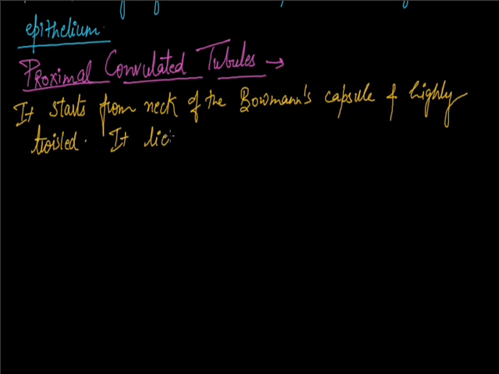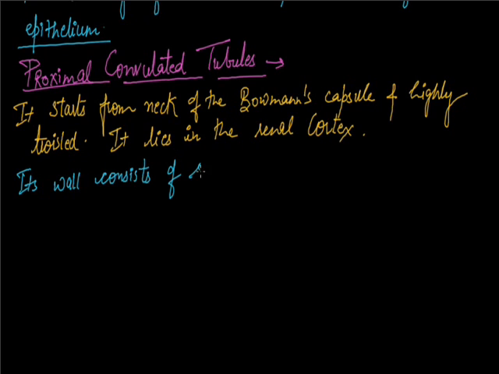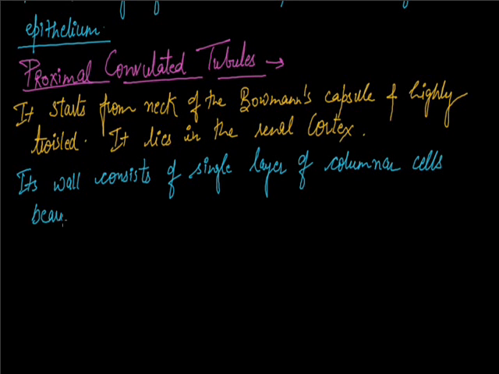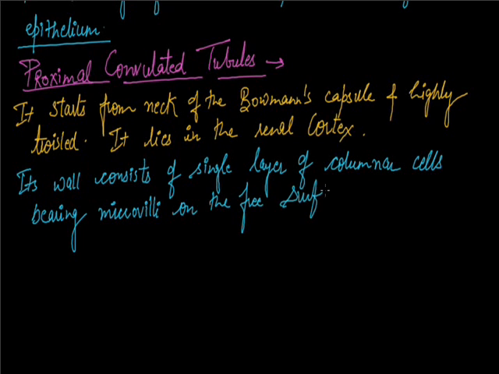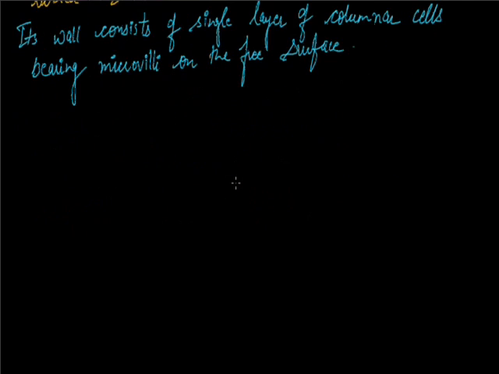It lies in the renal cortex. Its wall consists of single layer of columnar cells bearing microvilli on the free surface. This is about the PCT.